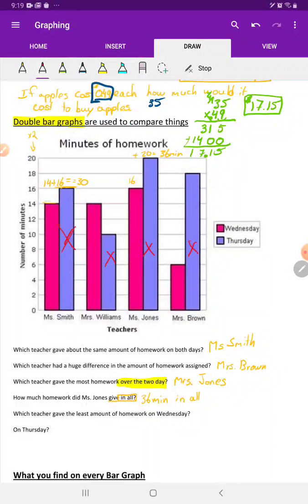It's not important because this question is about Wednesday. So you have to pay attention to what each question is asking about. So which teacher gave the least amount of homework on Wednesday? That would be Mrs. Brown. Because on Wednesday, she has the smallest. If you look at all the pink ones.